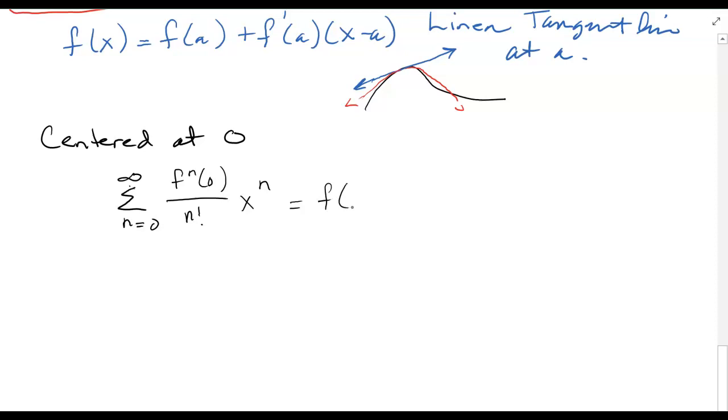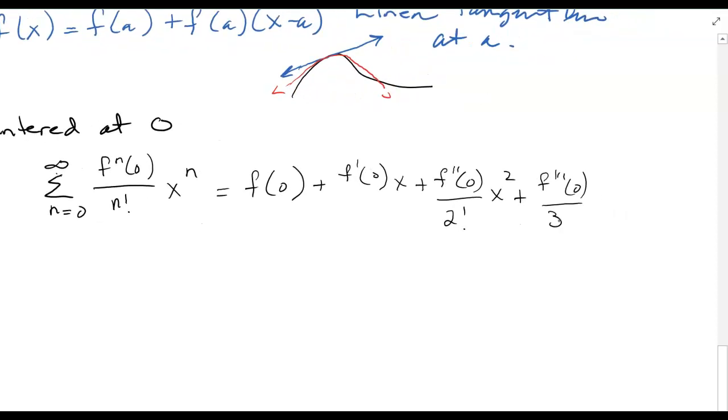It's just going to start with f of 0, whatever f of 0 is, whatever your function is, plus the first derivative at 0 times x to the first, plus the second derivative at 0 over 2 factorial times x squared, and then the third derivative at 0 over 3 factorial times x cubed, dot dot dot.